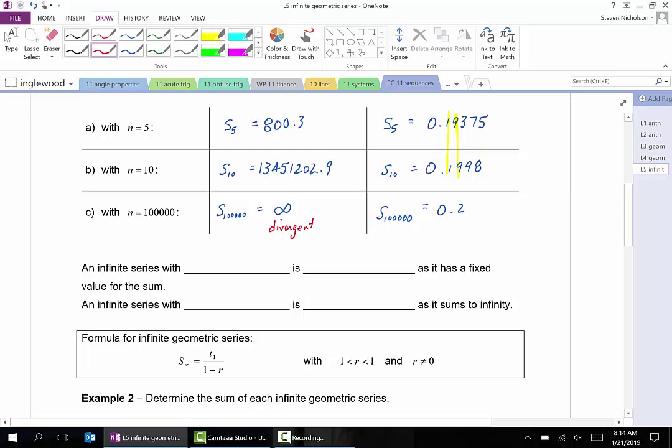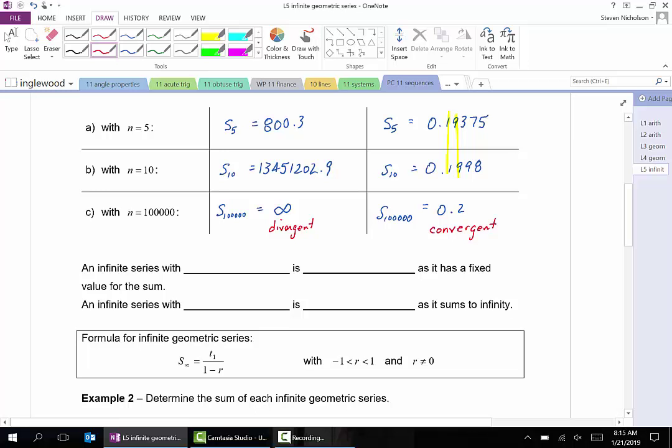It does not go to a finite number. It doesn't get closer and closer to a finite number. In fact, it gets really, really big. And this converges. If we looked at these numbers, 0.19375 is pretty close to 0.2, but 0.1998 is really close to 0.2. And if we did S of 20 or S of 100, it would get even closer. So this is a convergent series.